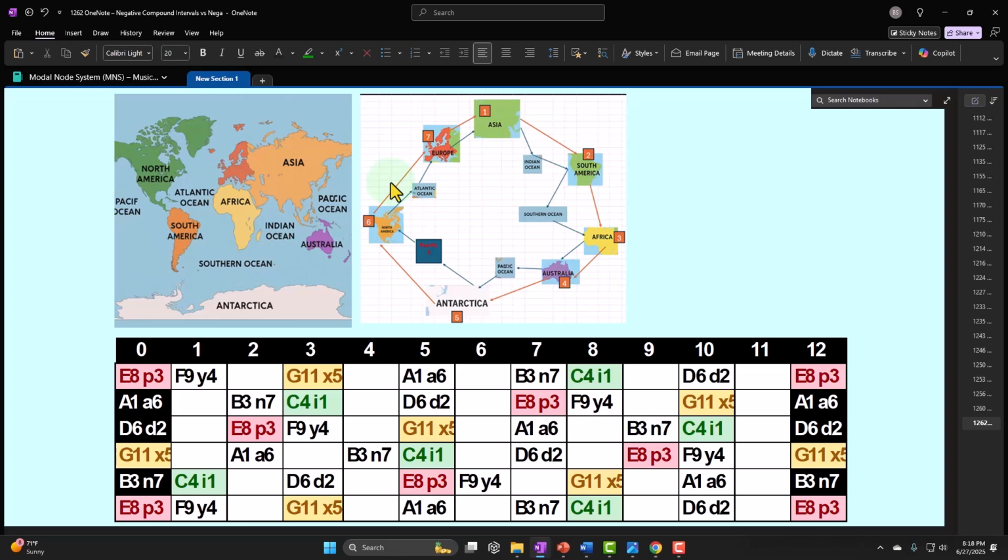We can't use a negative compound scale degree interval because we lost the intervals. So if we use our normal conventional tools, we have to figure out some way to go negative. If we use the modal distance, then we have options on how we can go negative, because we could do a compound negative modal distance and it works fine because we measured properly. That's where we're at now.